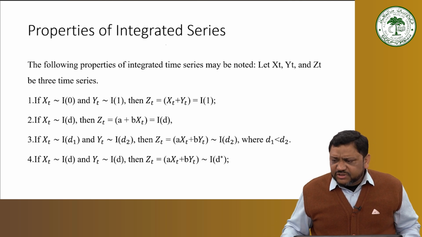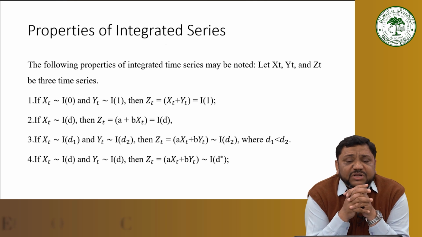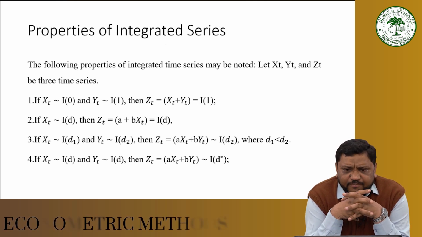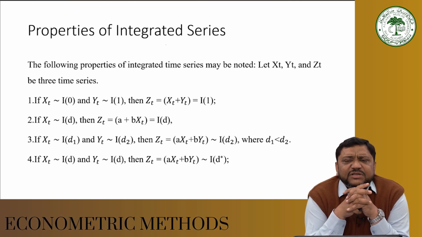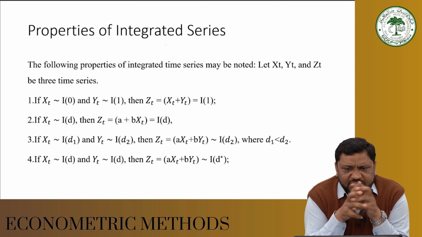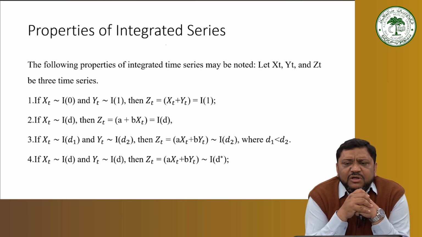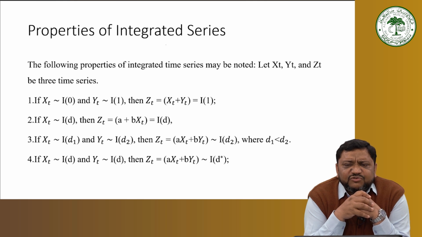Before moving further, we have a look at the properties of an integrated series. Say there are two series X and Y. If series X is integrated of order 0, that is a stationary series, and series Y is integrated of the first order, then a series which is a combination of these two, ZT equal to XT plus YT, will be I1.